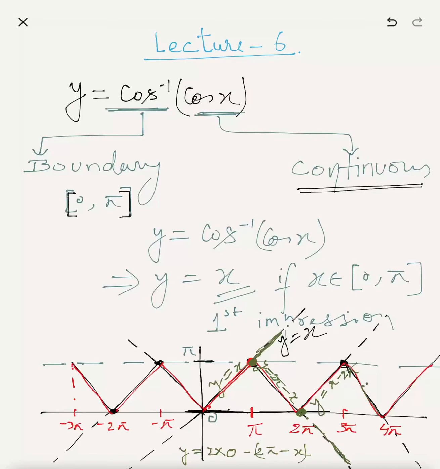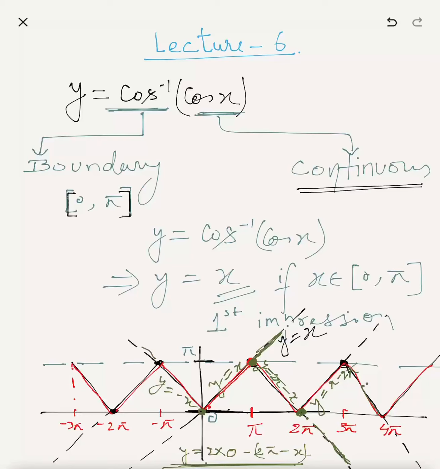When you go to the left side, you are folding the graph at which boundary? 0. 2 times 0 means 0 minus graph. Your graph is x, so simply here you will get y equals minus x. Use this rule: 2 times boundary minus the graph.